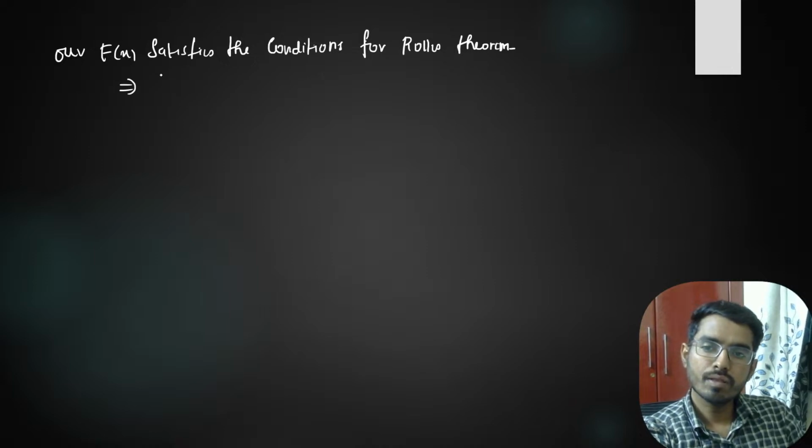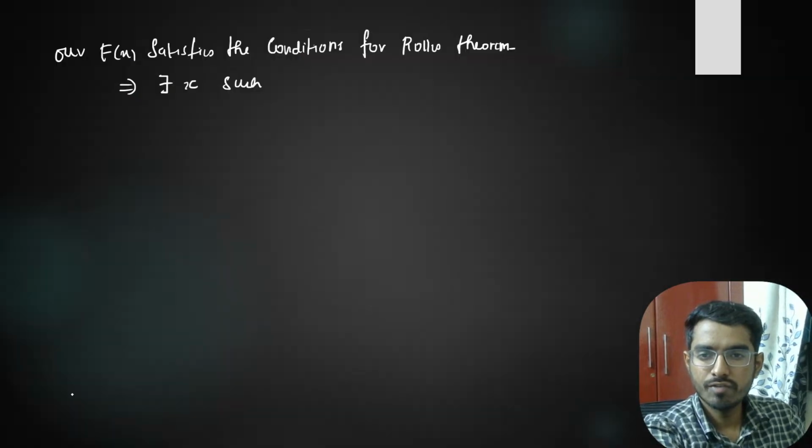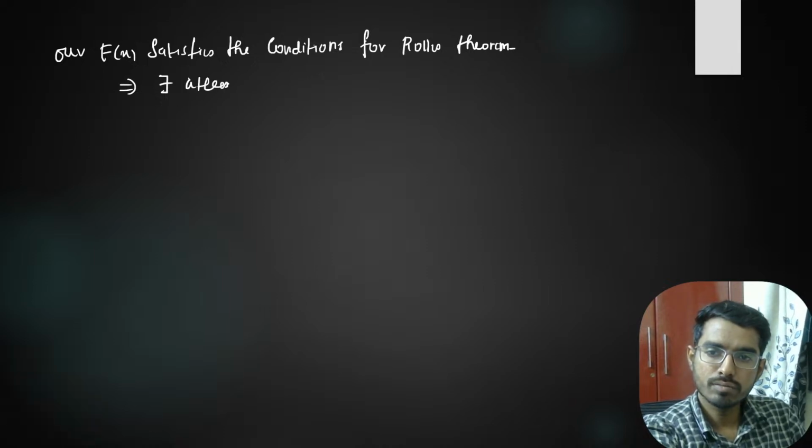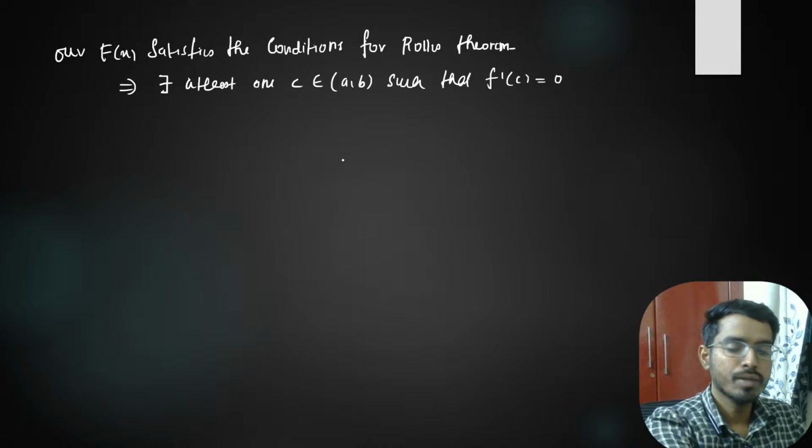That means there exists a number c, let us write this as F dash of c itself. There exists at least one c in the open interval a comma b such that F dash of c is equal to 0.